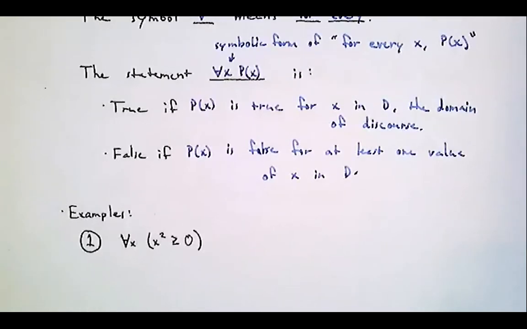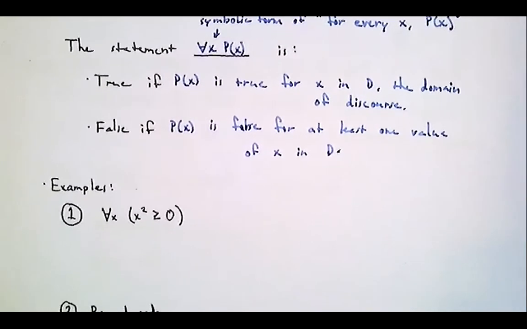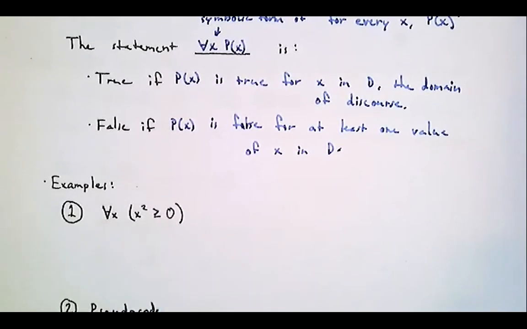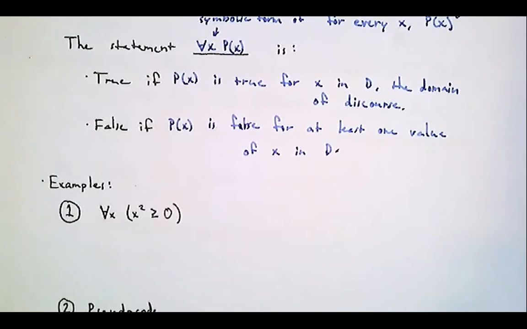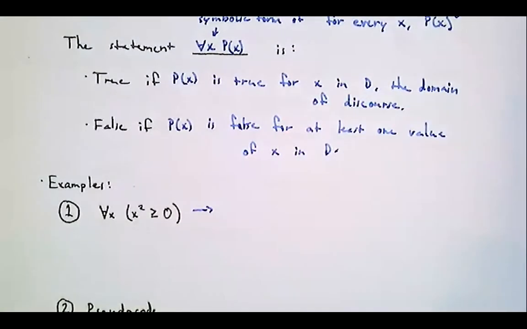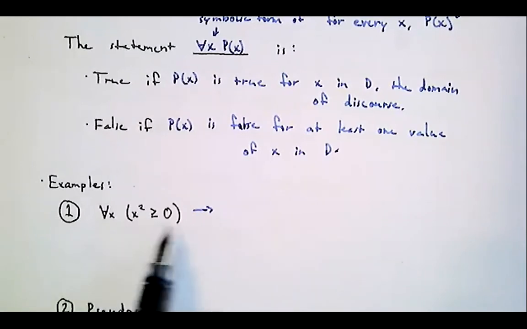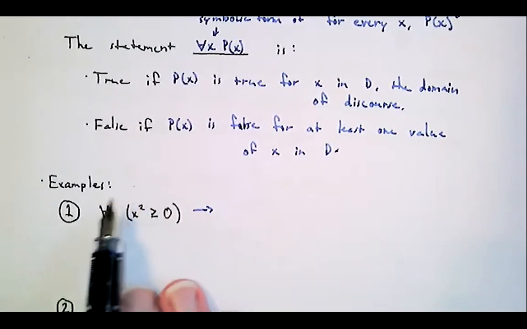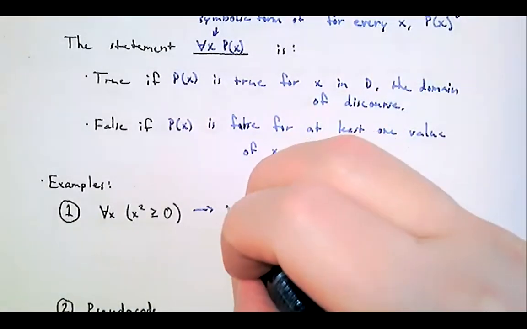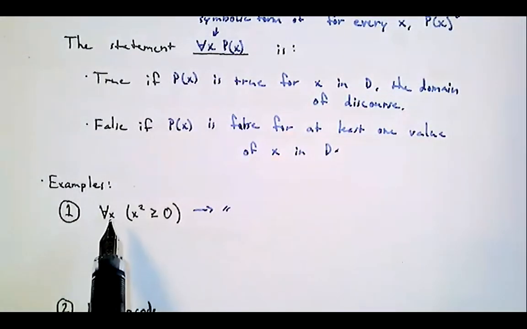Okay, so here's our first example. I wrote this symbolically. We should also think about what this means in English, because when you see these symbols, you need to be able to translate it, at least in your mind, into what the symbols mean. And we just have to work it out.